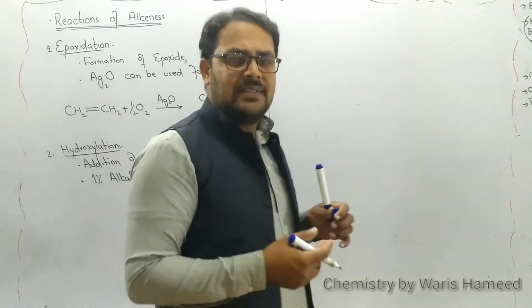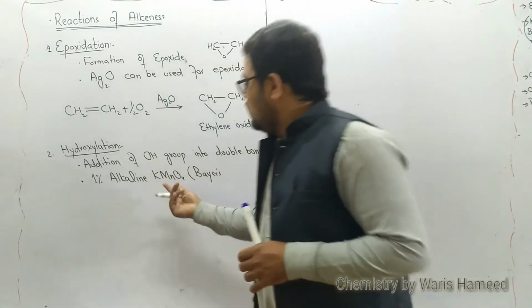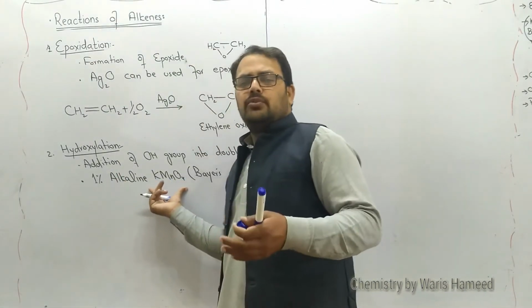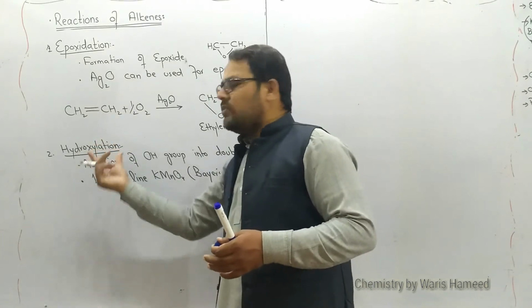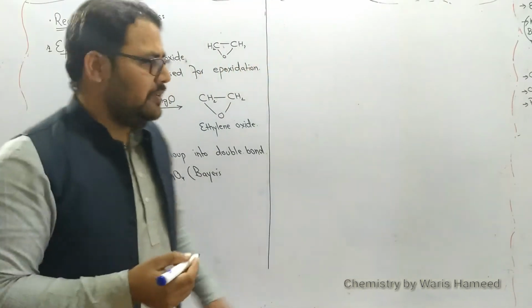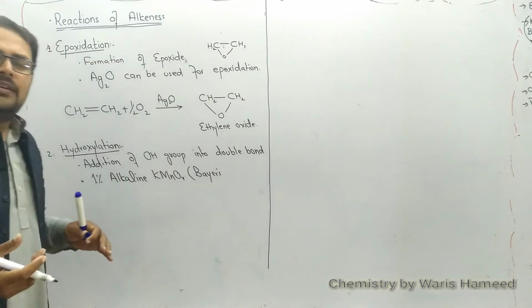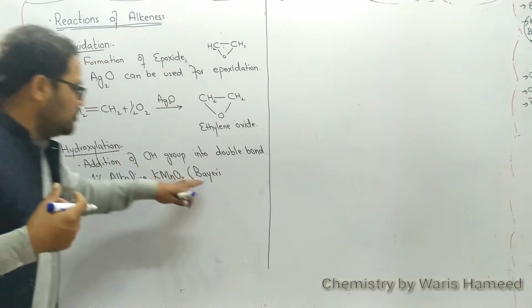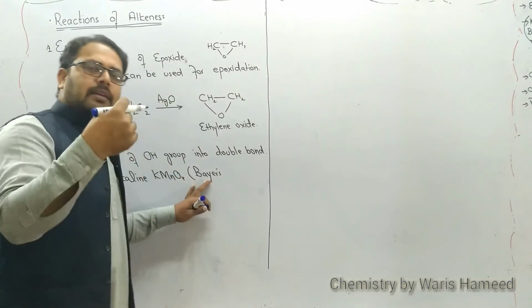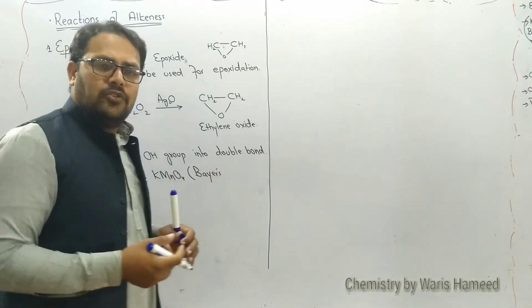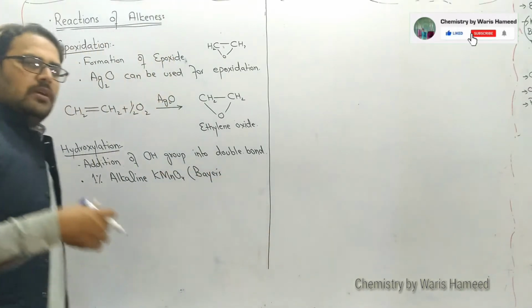And what is Baeyer's test? This solution is actually used for the indication of the presence of a double bond. We can use this solution and can find the unsaturation in a molecule in a mixture.